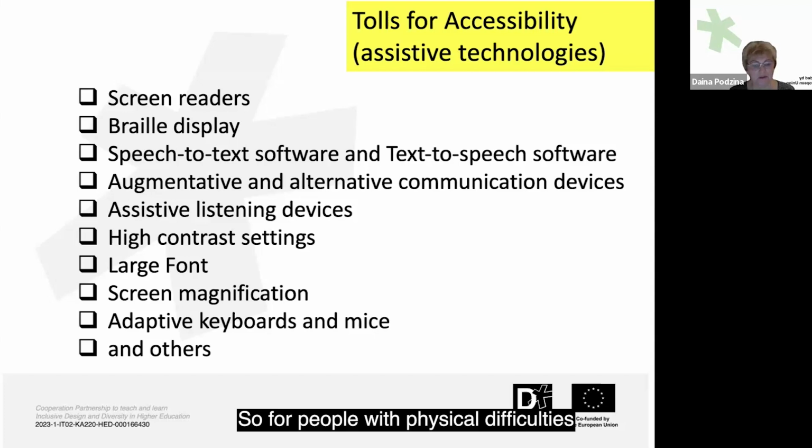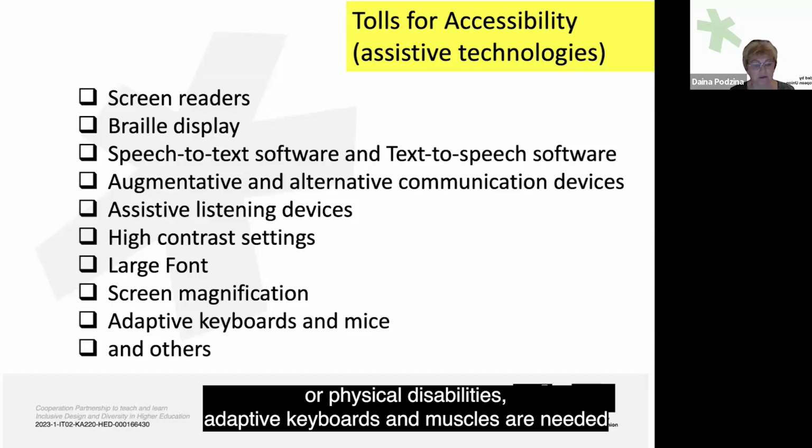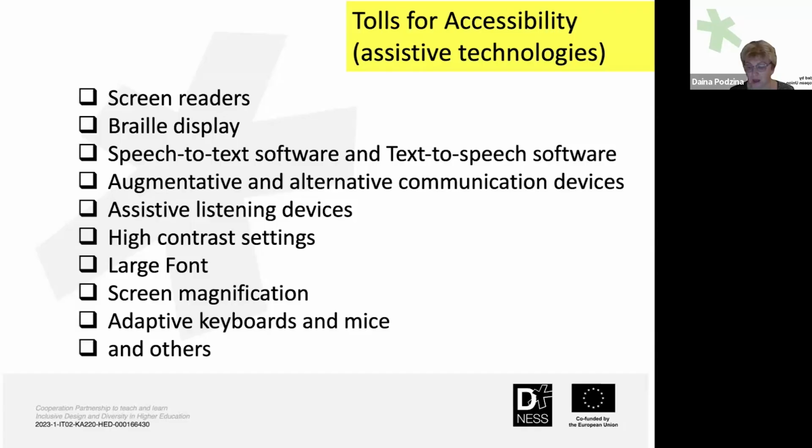So for persons with physical difficulties or physical disabilities, adaptive keyboards and mice are needed because then they can use the text which is on the screen, but without additional support.